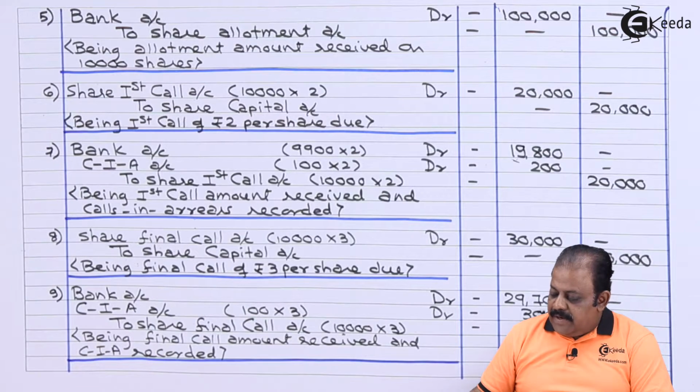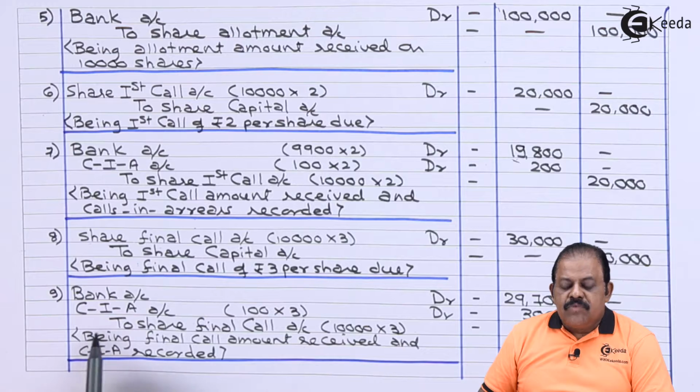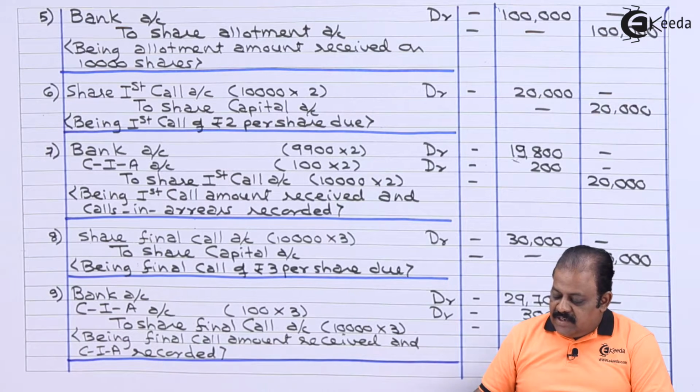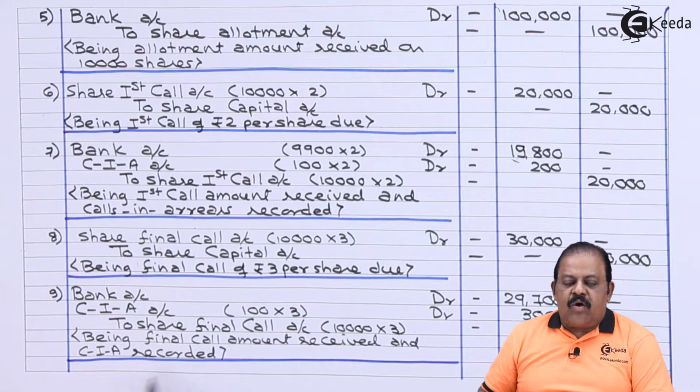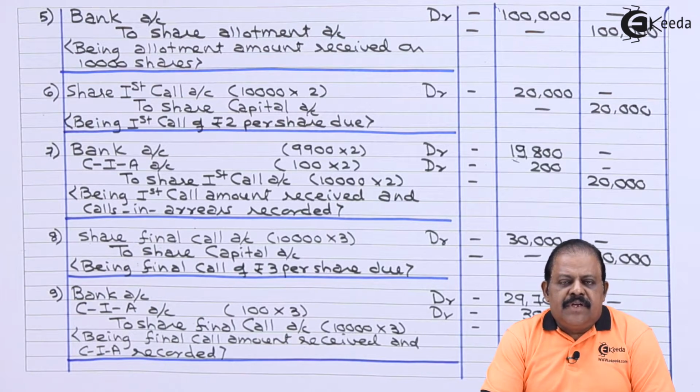Bank account debit 29,700, calls in arrears account debit 300, to share final call account 30,000, being final call amount received and calls in arrears recorded. Here we have completed all journal entries till final call.